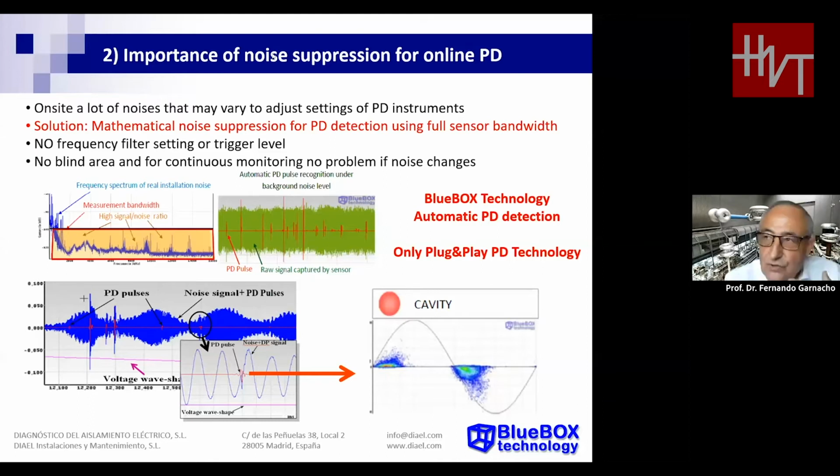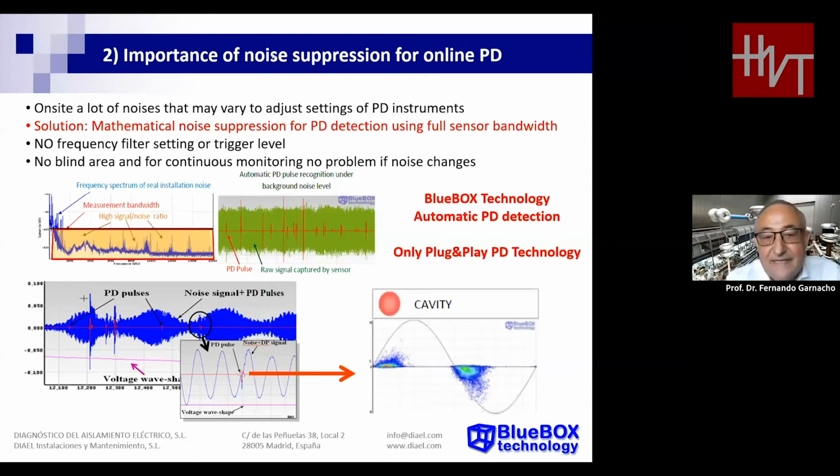And we use a mathematical tool in order to remove the noise and to obtain only pulses. What are pulses? Corresponding to the raw data. In this way, we can identify small PD pulses behind the noise.